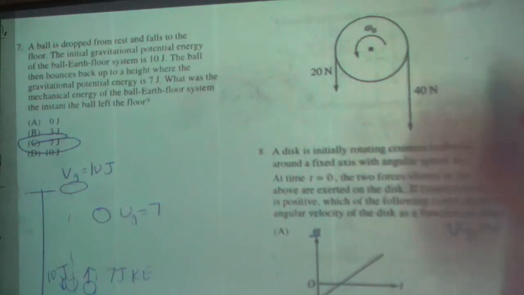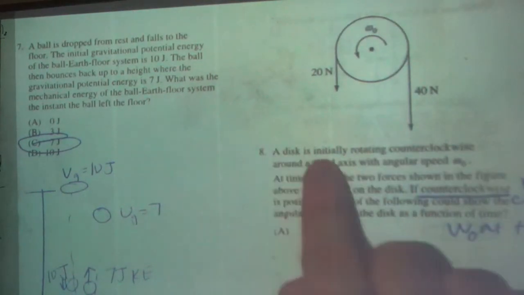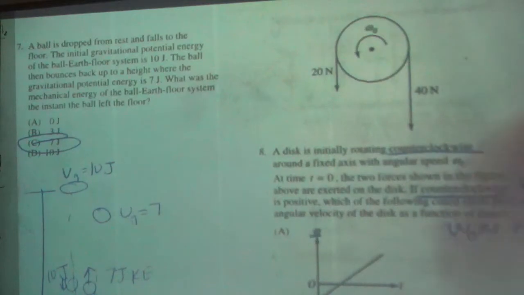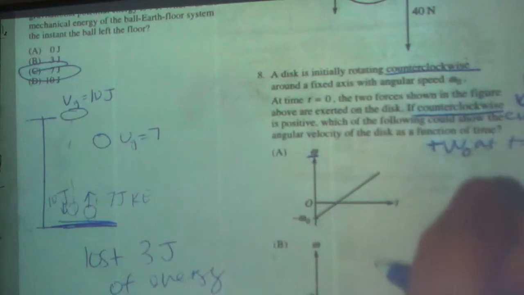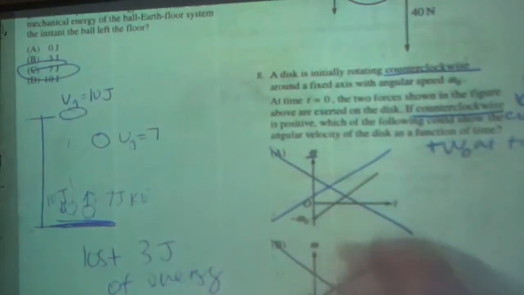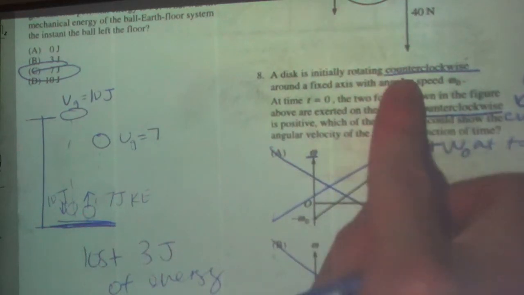And we said that counterclockwise is going to be positive for us. And the disk is initially rotating counterclockwise. So I have a positive initial angular speed. So the t equals 0 omega, or angular speed, has to be positive. So I'm going to cross off A and B because those start with a negative angular speed, and I started with a positive.